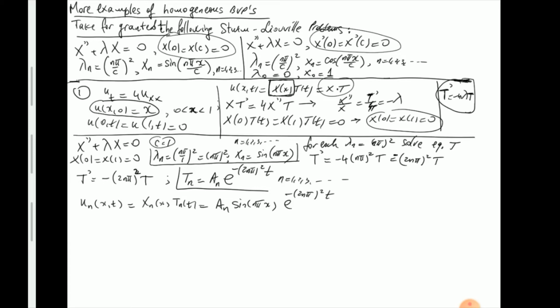So this is how each of these infinitely many solutions looks for the full PDE. All of them satisfy all conditions because we imposed all conditions except the remaining one, which is the initial condition. So now superposition. The full solution we're looking for is the summation as n goes from 1 to infinity of these infinitely many solutions.